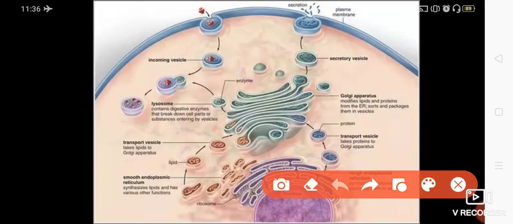From here, if these are required, they can be transported again to other parts, and if they are not required, then they will be thrown out of the cell like this. In this one, you will see that these are going to transport from here.